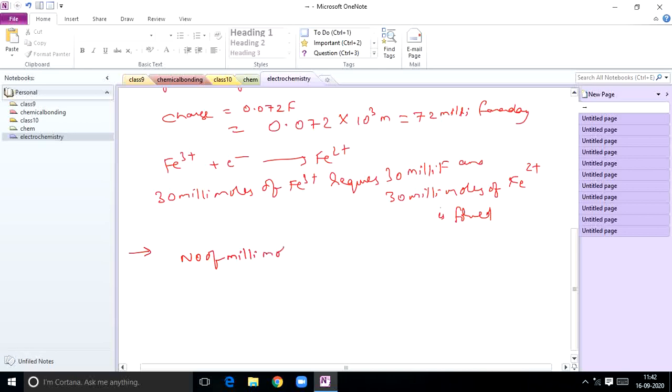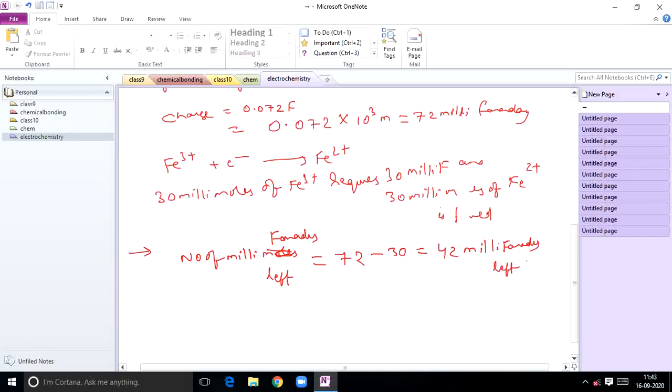Number of millimoles left is equal to total number of millimoles 72 minus the millimoles formed 30. Number of millifarad, not moles, left is equal to 72 minus 30. How much will you get here? 42 millifarad left. Read the question properly.